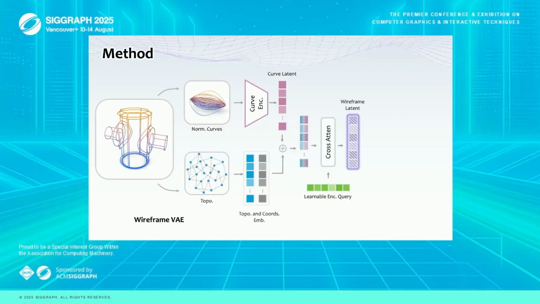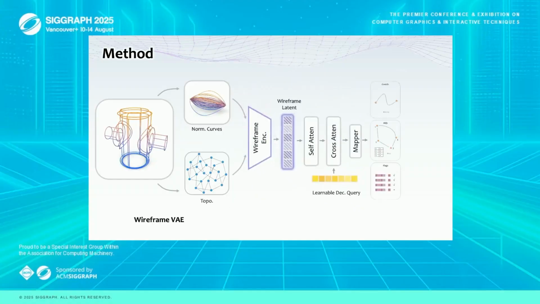Then we apply cross attention, where learnable queries attend to those fused features, and we extract a fixed-length global latent for the entire wireframe. In the decoder stage, our goal is to reconstruct the complete 3D wireframe from the global latent.